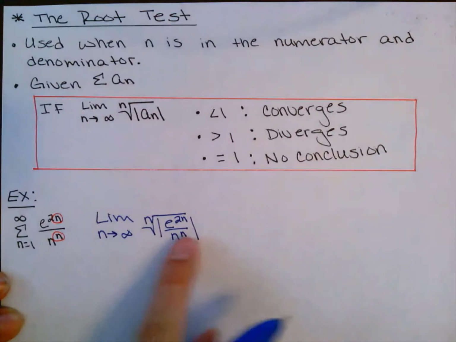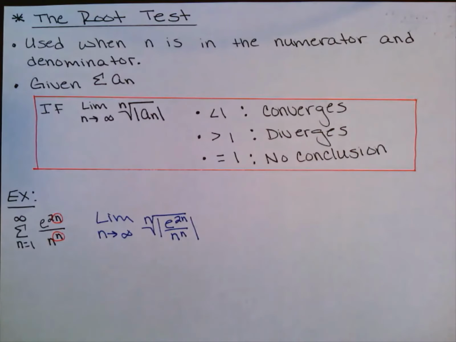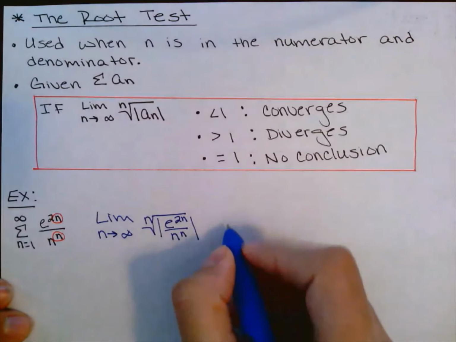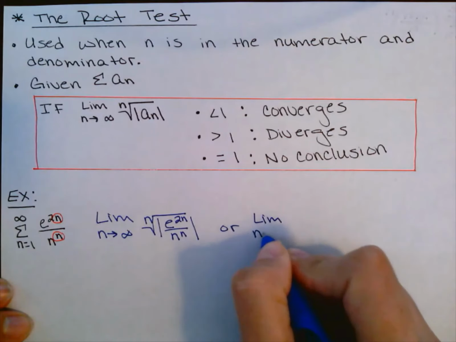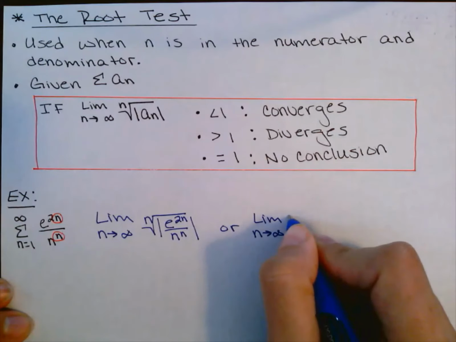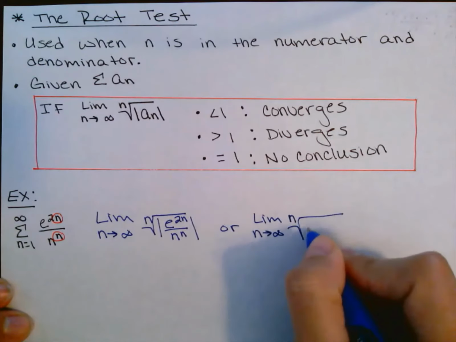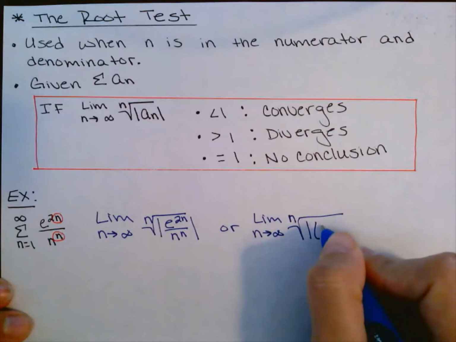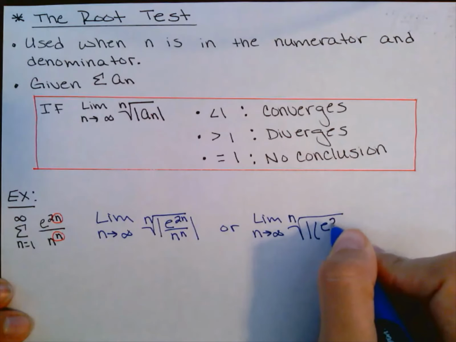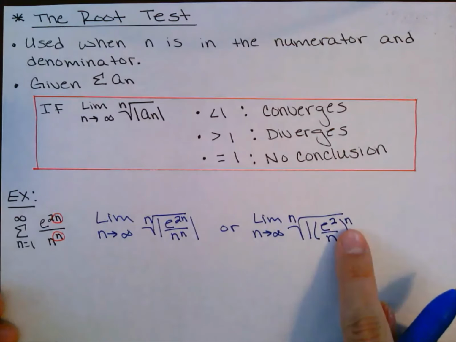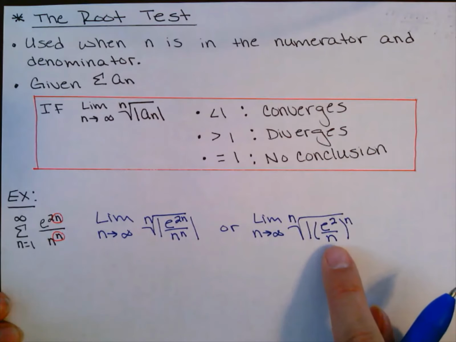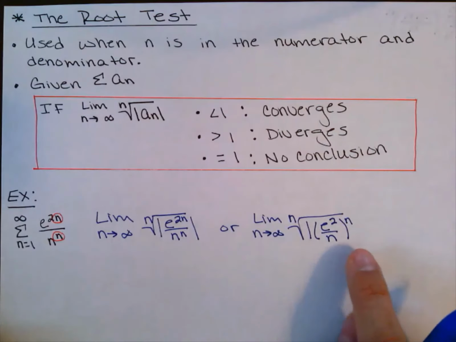Now remember, if the exponent and the root are the same, you can cancel them out, okay? If you would like to rewrite it this way so that it's easier to see, you can say e raised to 2 over n, and then all of that raised to the n, because remember, I'm allowed to give exponents to numerators and denominators. As long as what I'm separated by is multiplication and division, it's allowed.